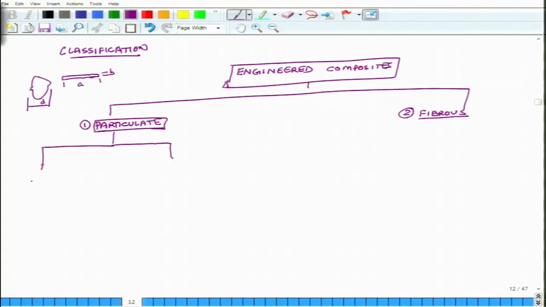So, the first group will be where particles are randomly oriented. Okay. For instance, in concrete all the particles or the pebbles, they are not aligned in some particular direction, okay. And then the other group would be directionally oriented.